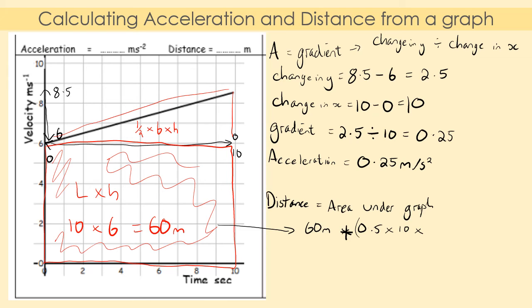It's just the height from where the triangle bit starts. I don't go from the bottom up to there, I just do this bit here, so that's 6 to 8.5. Again, I use a calculator. So I get 60 meters plus 0.5 times 10 times 2.5, which gives me 12.5. If I add them together, I will get 72.5 meters. So there we have worked out the acceleration and the distance.